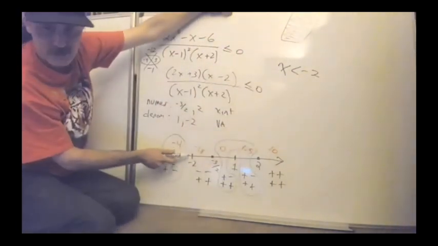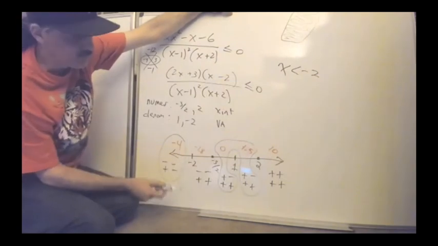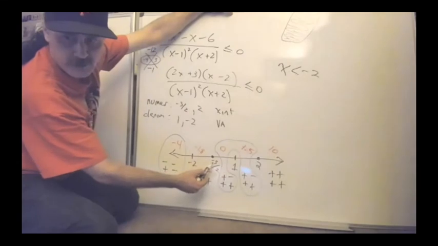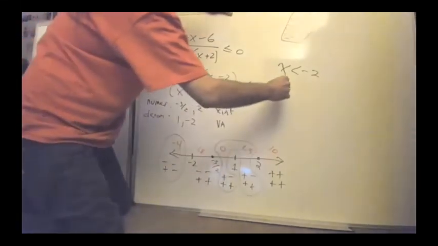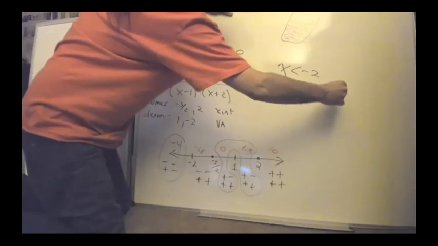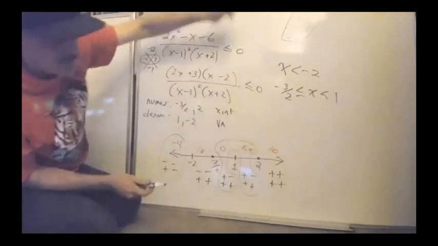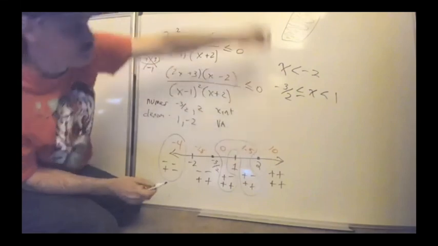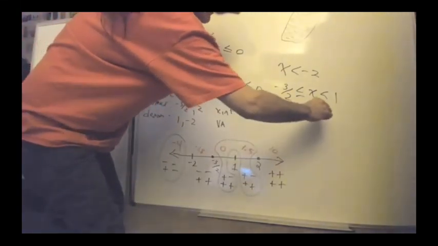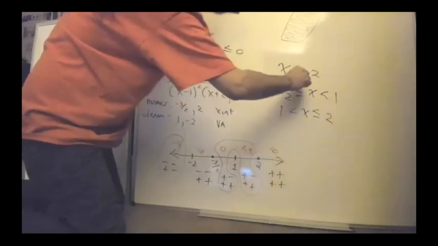Again, it can't equal -2 because that's a vertical asymptote. Then between -3/2 and 1, and it can equal -3/2. And then between 1 and 2, and it can equal 2. And then you would use the word or.